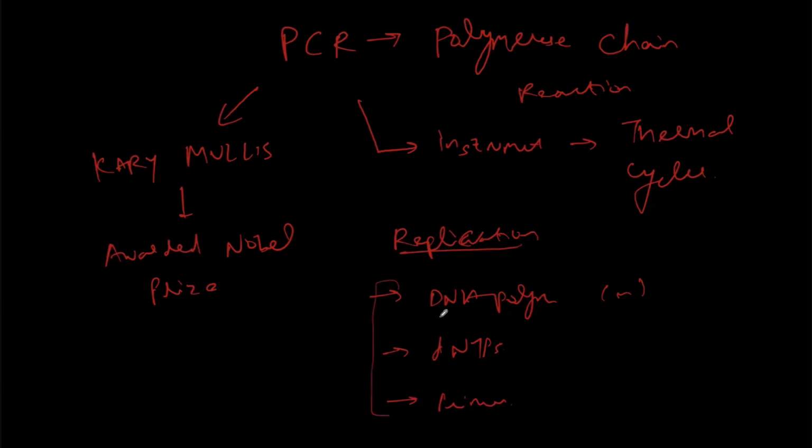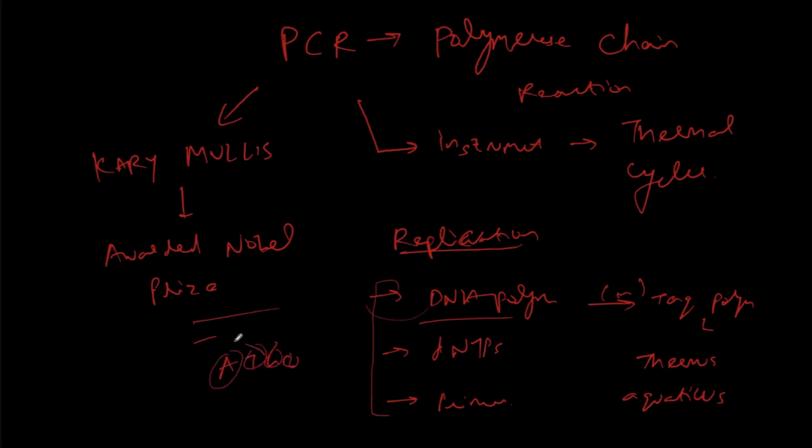It will have a DNA polymerase, and the DNA polymerase used here is called Taq polymerase, which is isolated from Thermus aquaticus. Then we have dNTPs, which are A, T, G, C. As the strand needs to elongate, this DNA polymerase will take up these dNTPs and use them. These are nitrogen-based nucleotide triphosphates.